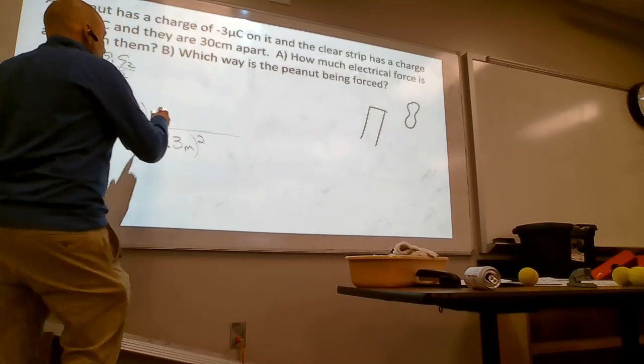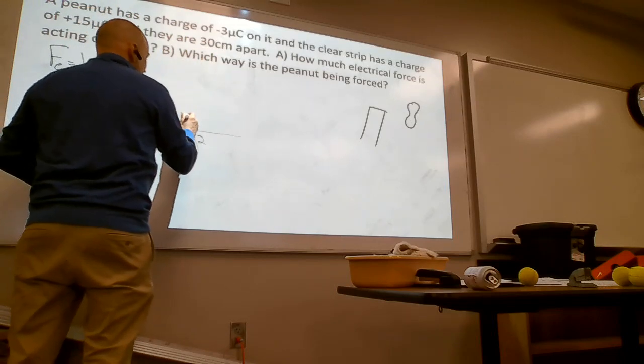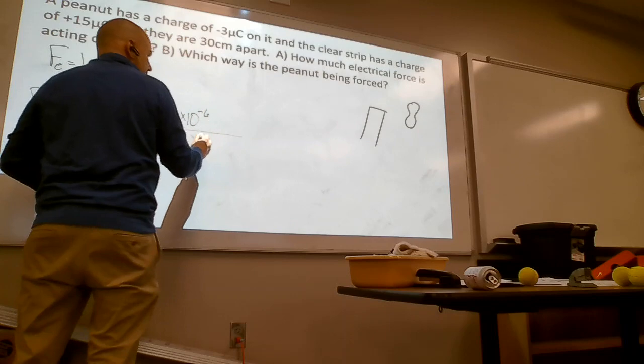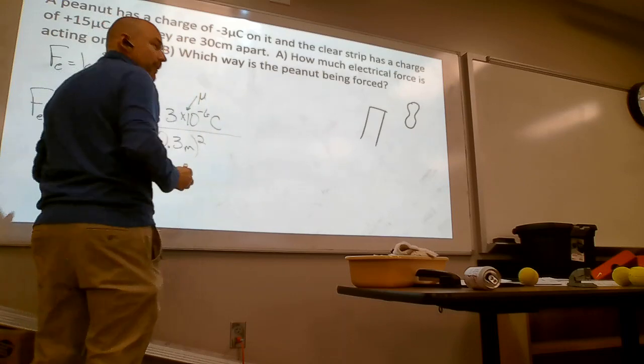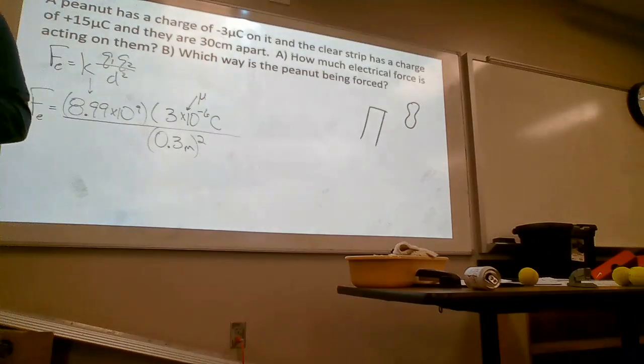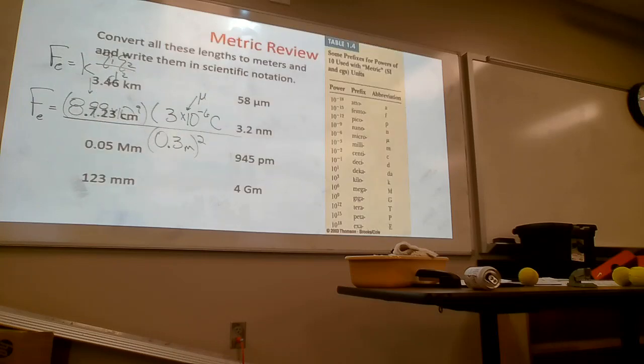Okay, so Q1 I'm going to say is 3 times 10 to the negative 6th coulombs. This times 10 to the negative 6 converts micro to the base unit. I just memorized it from this chart.